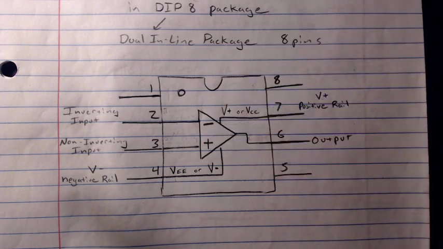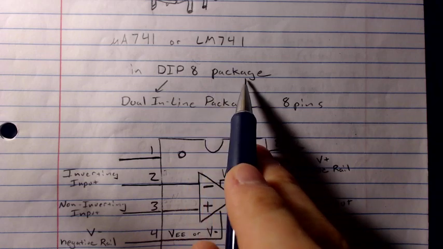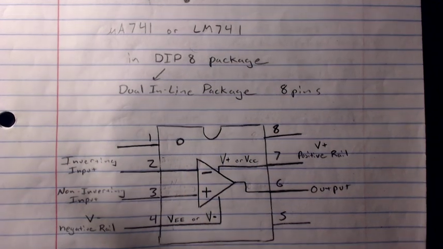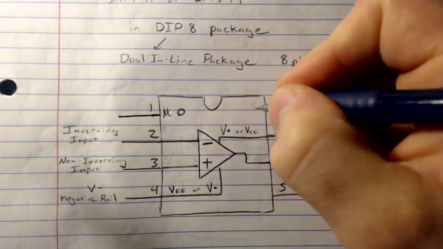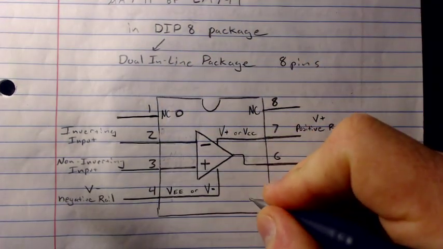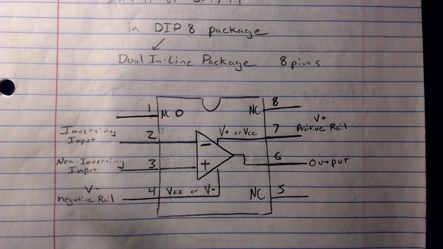So if I go out and purchase an LM741 in a DIP 8 package, this is what I'm getting. And sometimes you'll see this referred to as NC, NC, NC, just referring to no connection in that case. Okay, so that's to set that frame of reference.